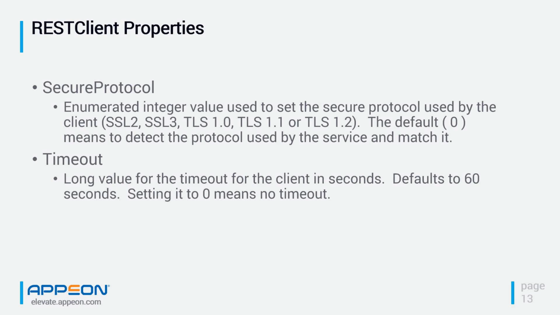I left it the default, which is 0, which means just figure out what protocol the service is using and match it. I can't think of too many places where you might have to set that. The 0 should probably work for you most of the time. The second value is the timeout, and this indicates how long we're going to wait for the REST service to return data. It defaults to 60 seconds. You can set it to 0, which means no timeout.